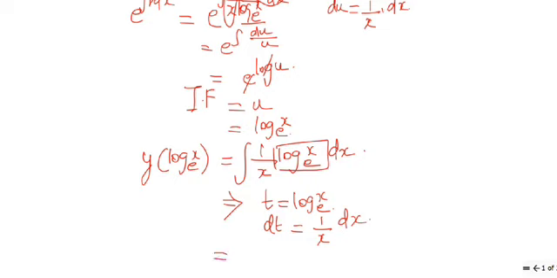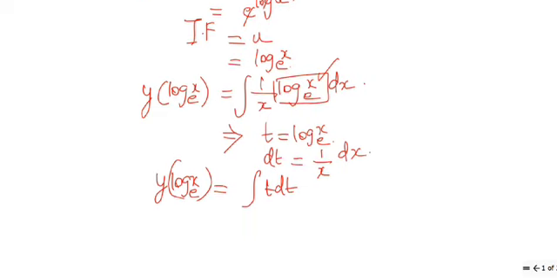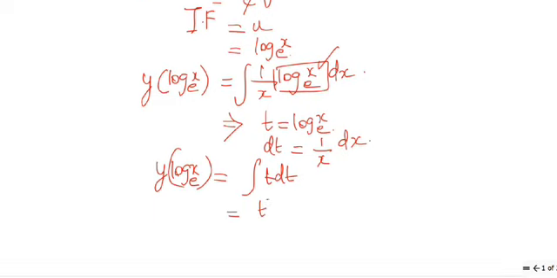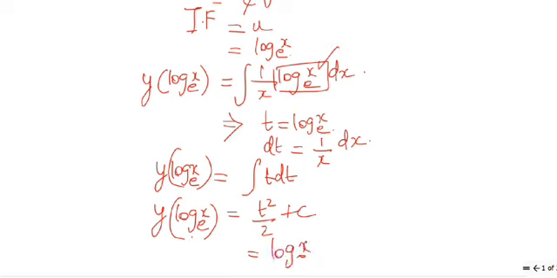Now we can replace everything as t dt. On our left hand side, we have our value as usual. The integral of t is t square over 2 plus c, and here we get log x to the base e whole square over 2 plus c.